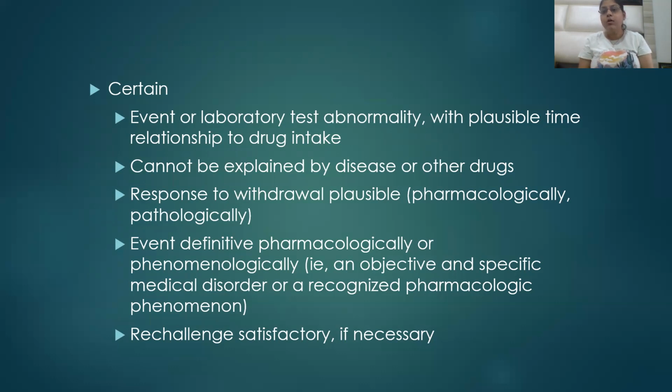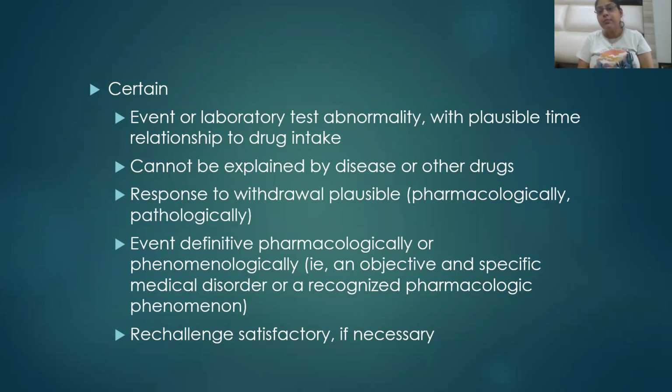And then the causal relationship, that is, the pharmacological and pathological actions of the drug should explain the adverse drug reaction. Means the pharmacological action of the drug explains the occurrence of the adverse drug reaction. If it is positive, then also it comes in the certain category. And then the last thing is, it should not be related to any other drugs. Means the adverse drug reaction should not have occurred because of any other concomitant therapy.